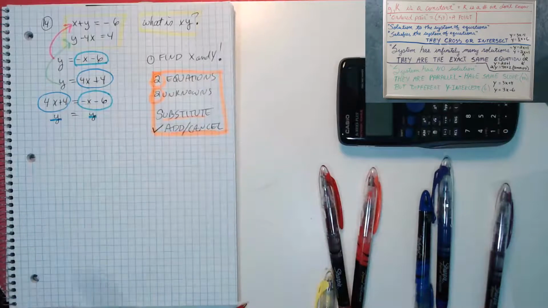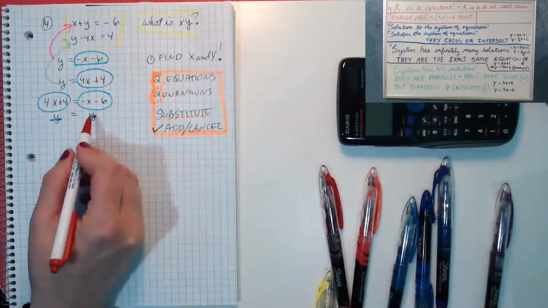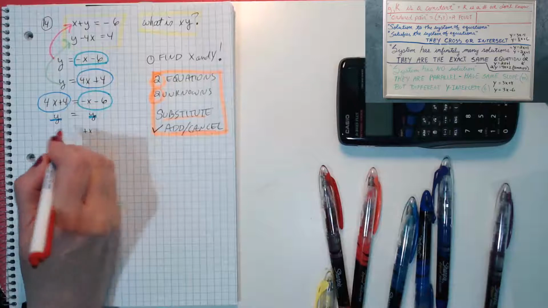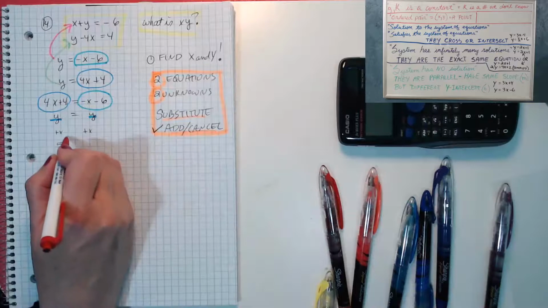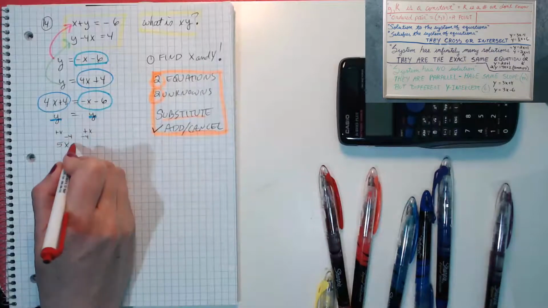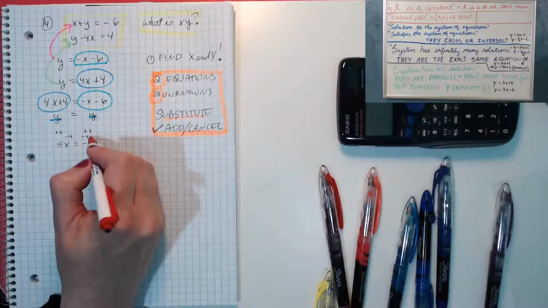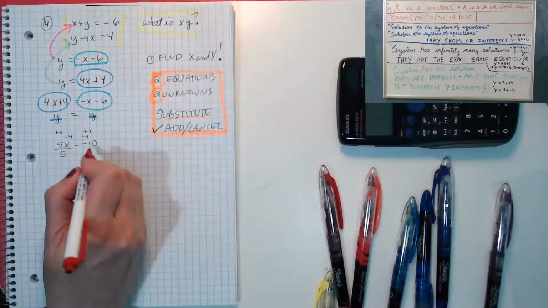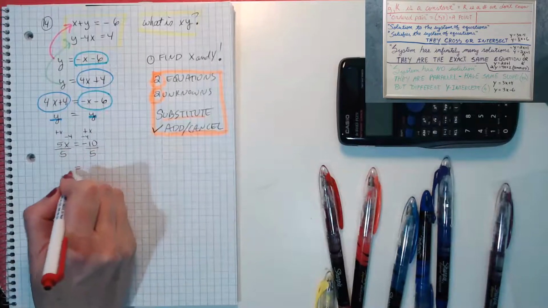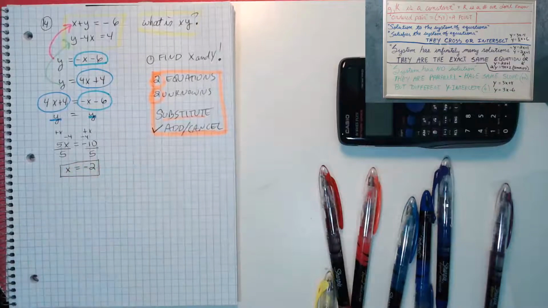And because they're both already solved for y, I can just put them side by side and solve. If I add x to both sides, I get 5x. And I'm also going to subtract 4 from both sides. 5x equals negative 10. Negative 6, negative 4 makes negative 10. Divide both sides by 5. X is negative 2. I highly suggest rewatching the video and pausing it in some of these areas.